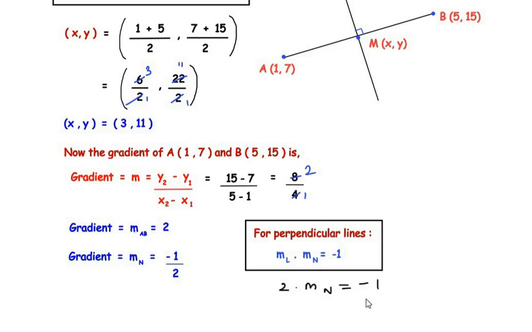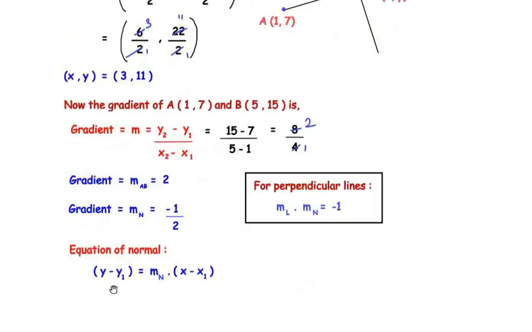Now dividing both the sides by 2, we get 2 divided by 2 and negative 1 divided by 2, giving us the gradient of the perpendicular bisector, or gradient of the normal, as negative 1 over 2. Now once we have got the gradient of the normal, let us write the general form of the equation of the normal as y minus y1 is equal to the gradient of the normal times x minus x1.